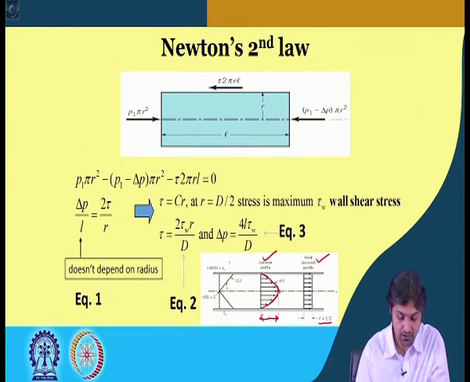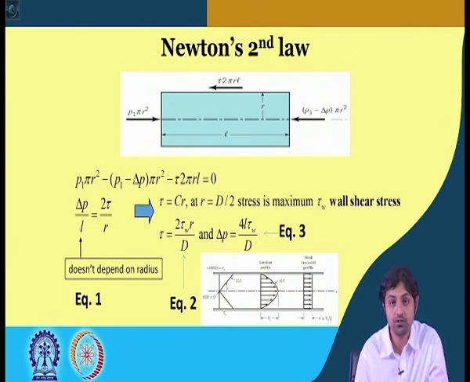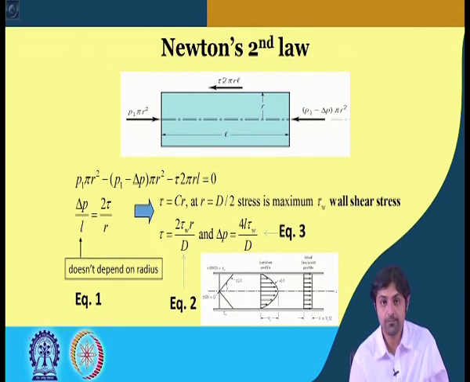All right, and the shear stress variation is like this. This is the laminar profile in the pipe flow, and the shear stress distribution is like this. This is something important to remember as well.